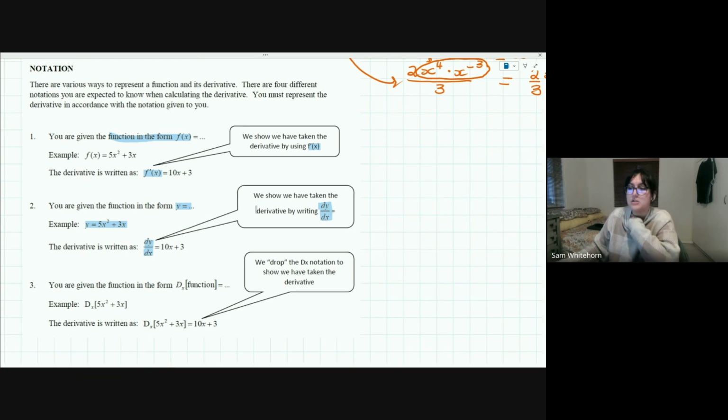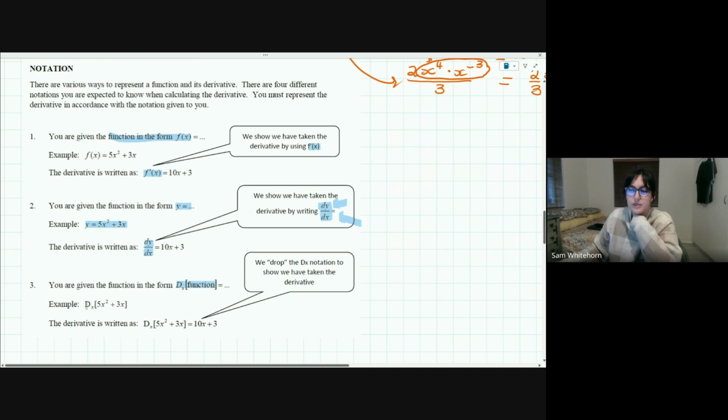Now think about it. Derivative represents gradient. Gradient is the change in y over change in x. So y in the numerator, x in the denominator. The last way that we can represent a derivative is to say the derivative, so d, in terms of x of a function.